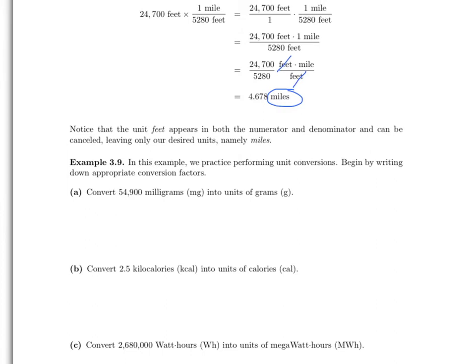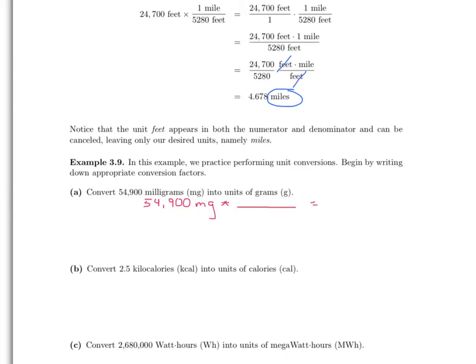Let's look at Part A. In Part A, we want to convert 54,900 milligrams into units of grams. So, we will do this the same way that we did above. We always start with what we're given, which is 54,900 milligrams. We're going to have to multiply this by a conversion factor.